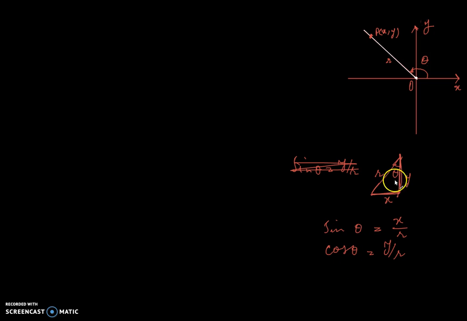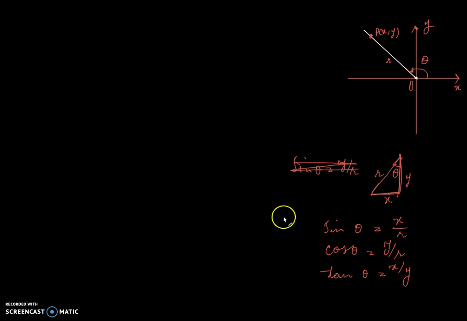Now you already know that tan theta in this case is equal to x divided by y, so this opposite side divided by the adjacent side. Now, if you pay attention to what we've written, sine theta was x divided by r, cos theta was y divided by r.